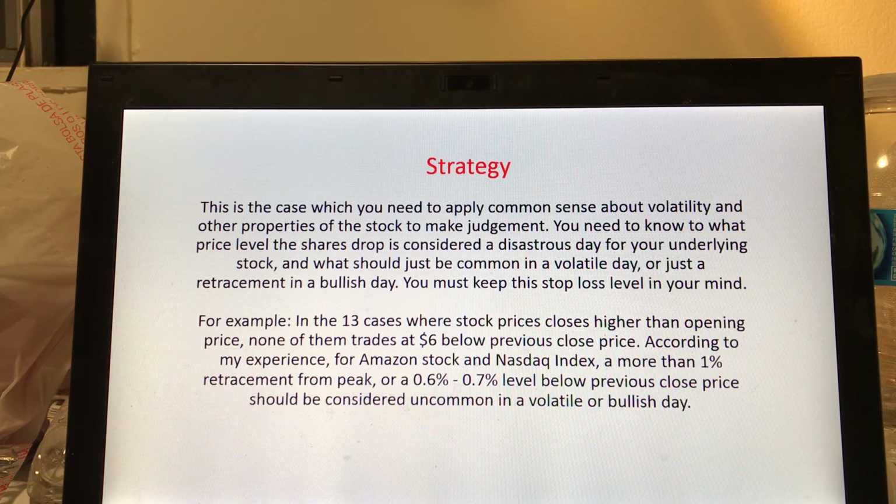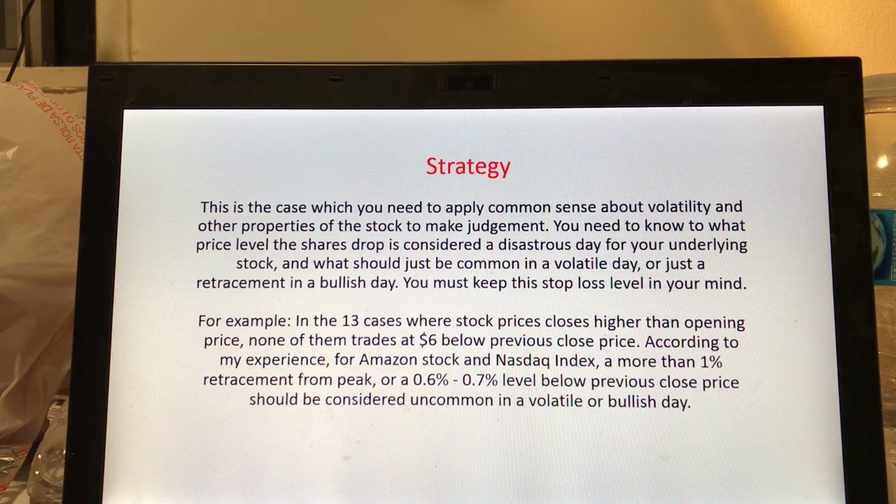So our strategy for this case is that you definitely need to apply common sense about volatility and other properties of the stock to make a judgment. You will need to know to what price level the shares dropping is considered a major disastrous day for your underlying stock, and what should just be common in a volatile day, or just a retracement in a bullish day.